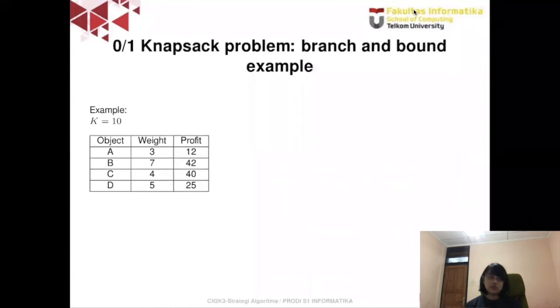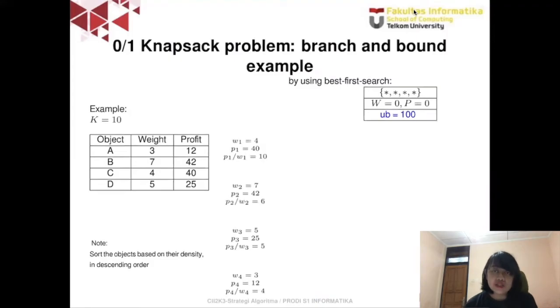Let's get started with the example. For example, we have four objects, A, B, C, and D, and a knapsack with maximum capacity of 10. The initial step here is that we need to sort the objects based on their density.